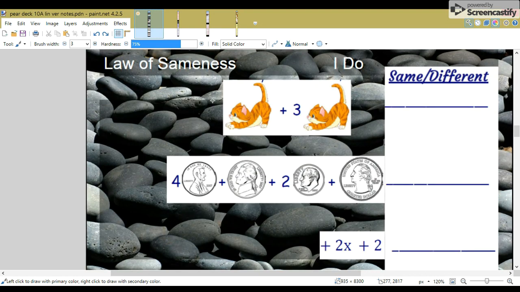Law of sameness, go ahead and write this down on your Pear Deck foldable. We have 1 cat and 3 cats. These terms are the same, they're both cats. So you put yes, cats.